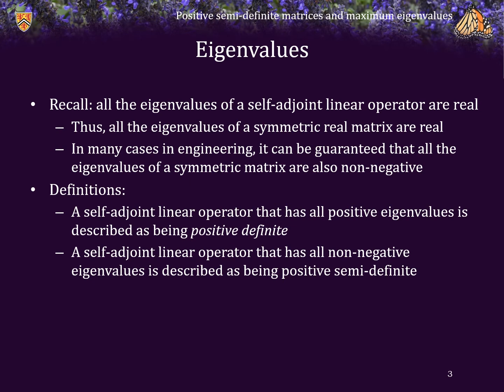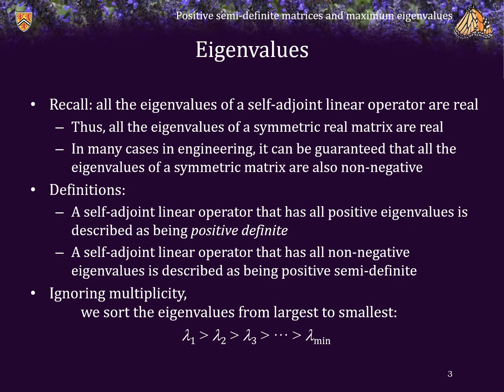Now, a positive definite matrix, therefore, must be invertible, as it cannot have a zero eigenvalue, whereas a positive semi-definite matrix, if it does indeed have a zero eigenvalue, then it would not be invertible.